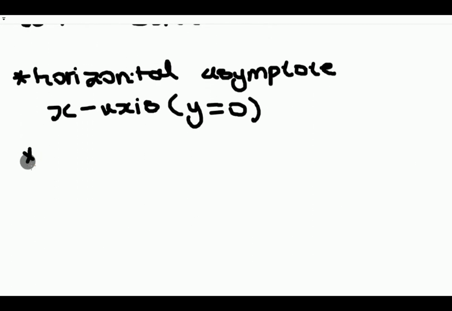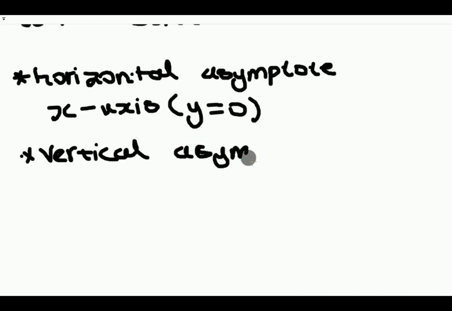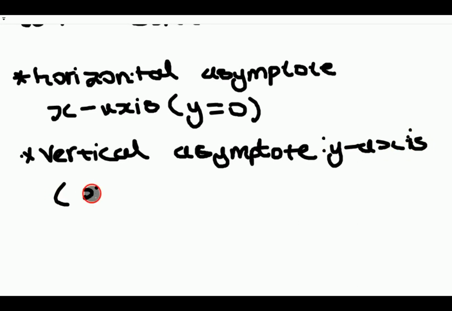And we also have our vertical asymptote, which is our y-axis. So x will be equal to 0.